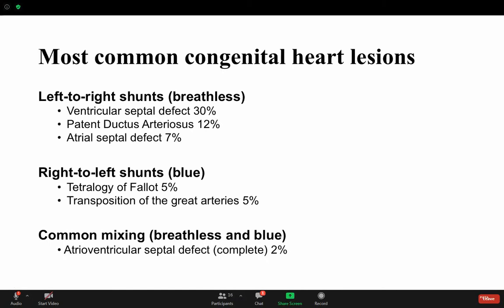To understand the congenital heart diseases, it's better to group them into different mechanisms and then what they present with.